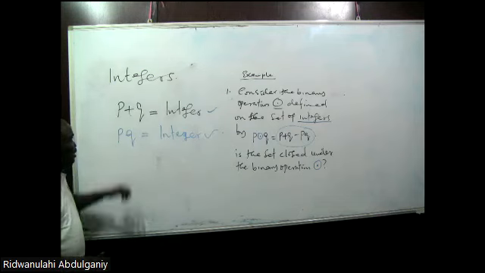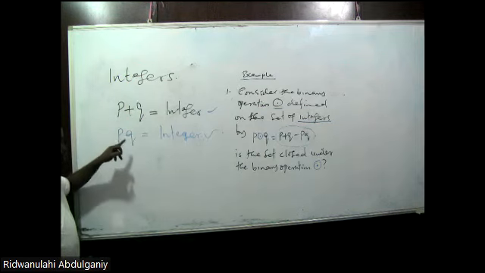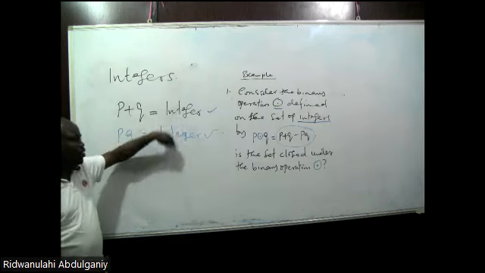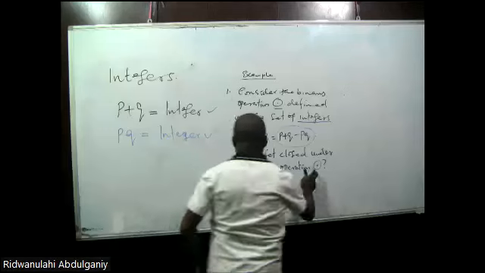Now, that means that if I add two integers, the answer is an integer. If I multiply two integers, the answer is an integer. If I subtract two integers, the answer is an integer. Then we conclude that this operation is closed.